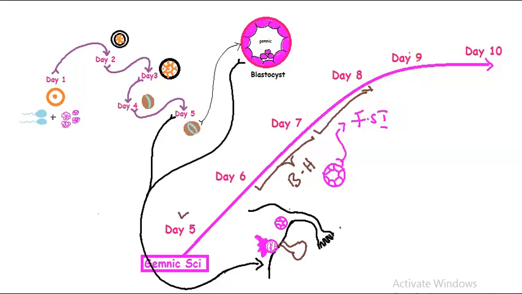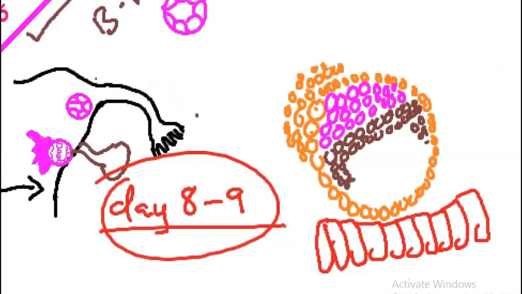So now we are moving, let's use another column, to between day 9 and day 10. By day 8 to 9, we're going to have the invasion of the blastocyst into the uterine wall.